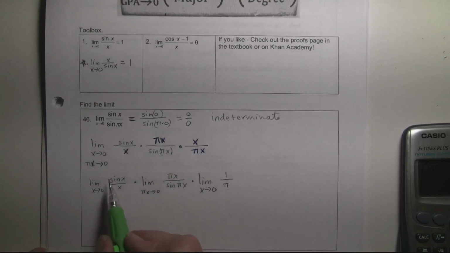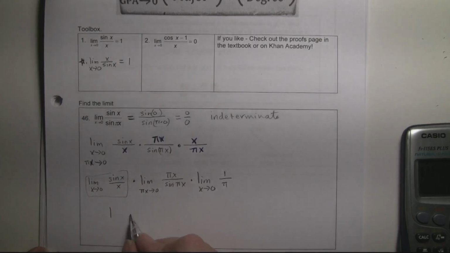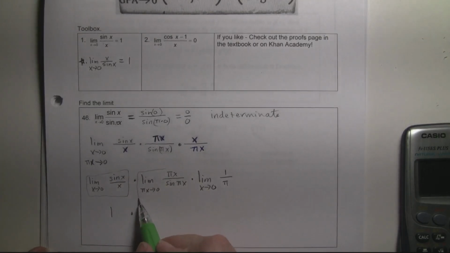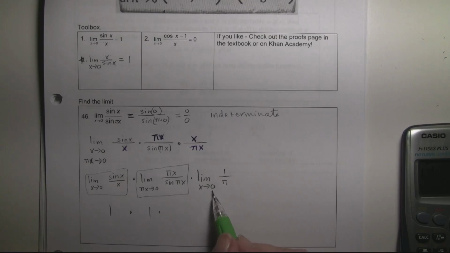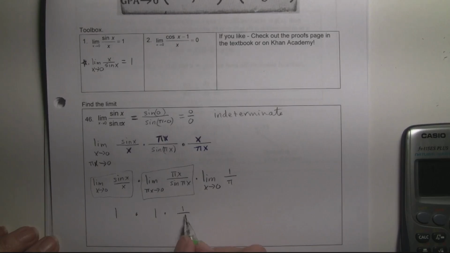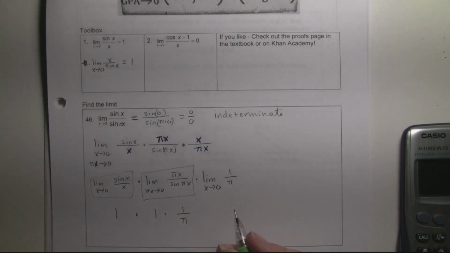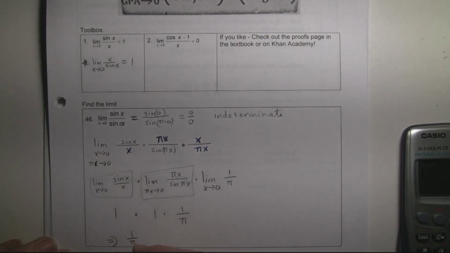And so by our properties, this is going to 1. This is going to 1. And this is going to 0, but it's of a constant, and so the answer is just the constant. So this is 1 over pi. And so our answer to this limit is 1 over pi.